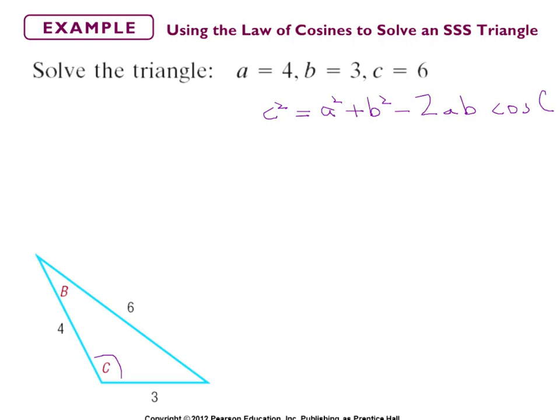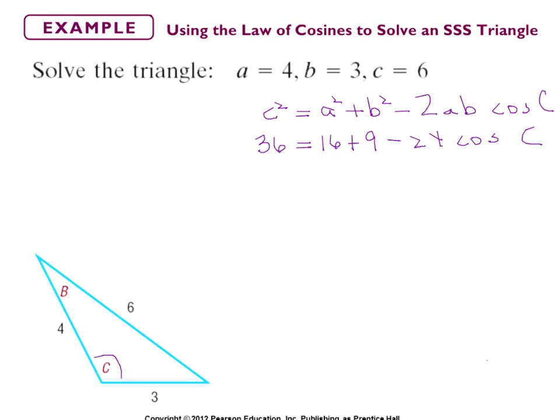I have 6 squared equals 4 squared plus 3 squared minus 2 times a times b, which is 24, cosine of c.